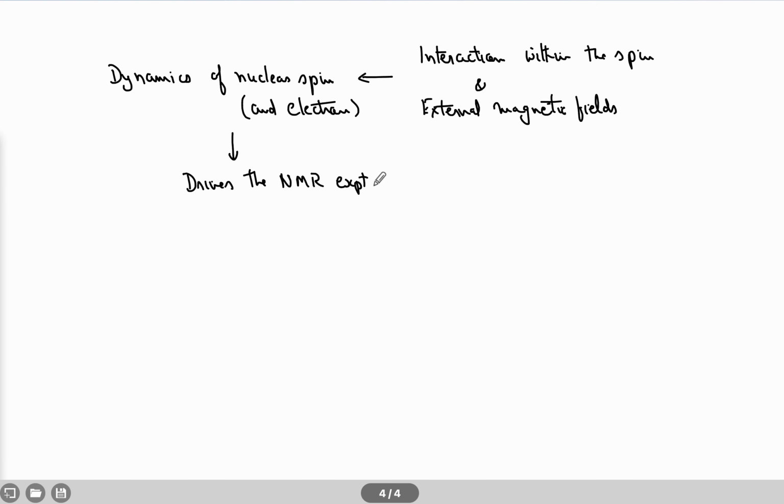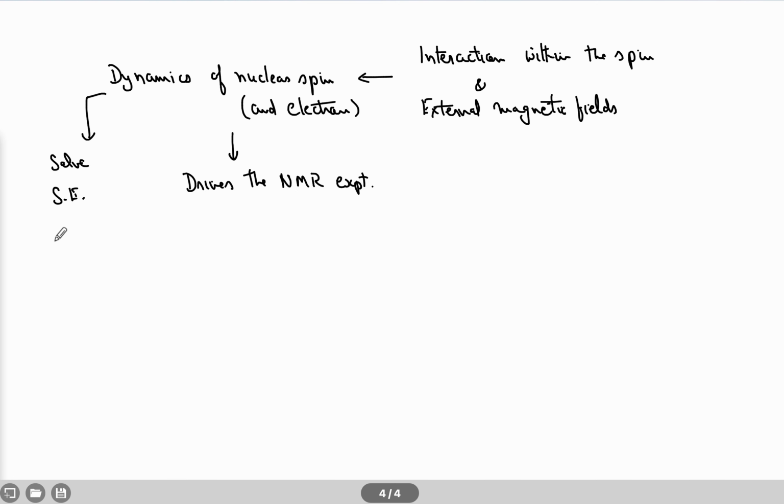So this we have tried to understand, and to understand or to predict this dynamics, we need to solve the Schrodinger equation for the spin systems, right? And why is it important to understand the dynamics of nuclear spins? Because it drives the NMR experiment.